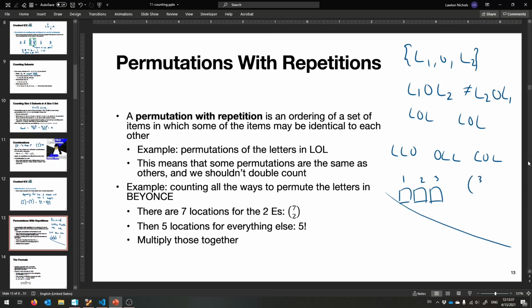Well, we have 3 slots and 2 L's, and that just so happens to be 3 choose 2, which is 3 ways to do it. You could have LLO, you could have LOL, or you could have OLL. And that's where the subsets get us the nice fact that these are the same. So pick the spots for the 2 L's, and then pick the spot for the O, and there's only 1 spot left for the O.